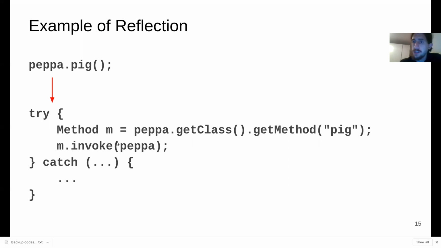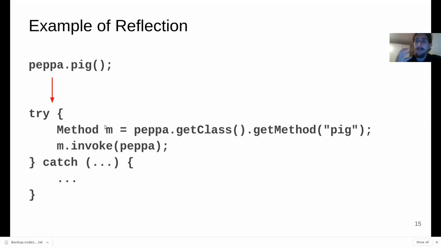So what you can do is the following. You take the peppa object, you call getClass, which gets a reference to the class definition. Then on this, you can call getMethod, and you pass pig as string input. And this gets a hold of the reference of the method.